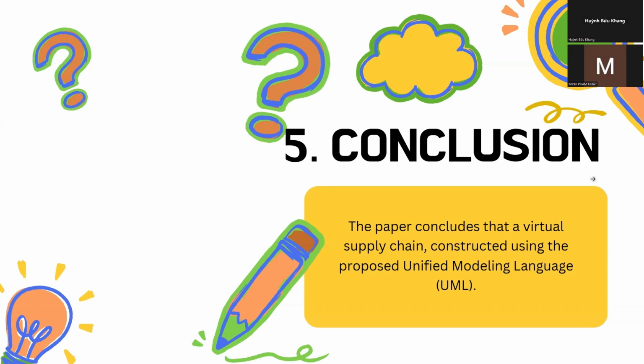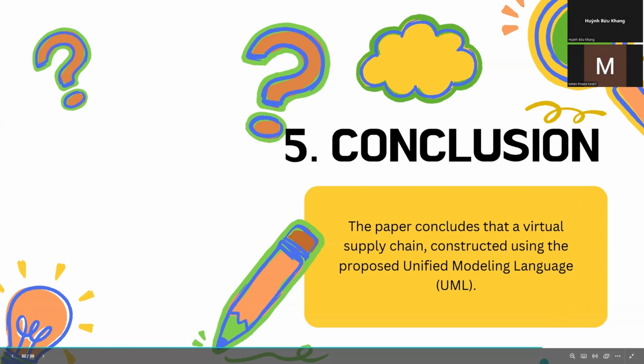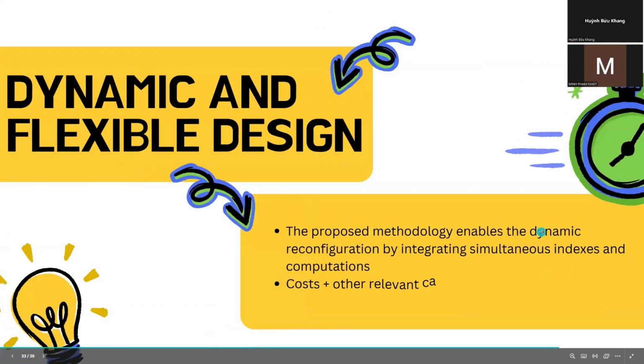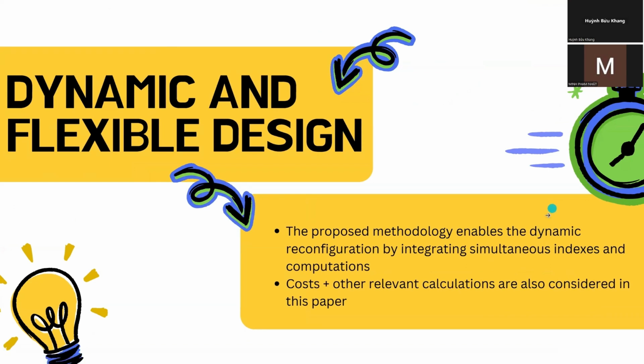The paper concludes that for the virtual supply chain constructed using the proposed Unified Modeling Language, UML, learning from the paper's established framework, we could standardize and apply the method to a real supply chain setting. This template also enables us to consider indices that simultaneously cover vital elements, such as the computations in the previously displayed tables.